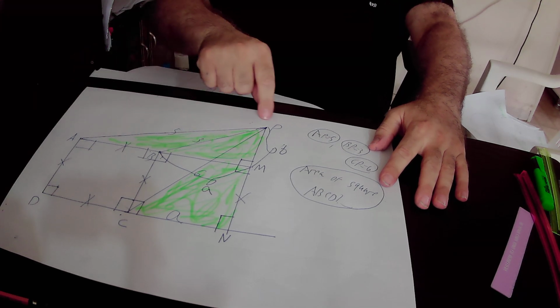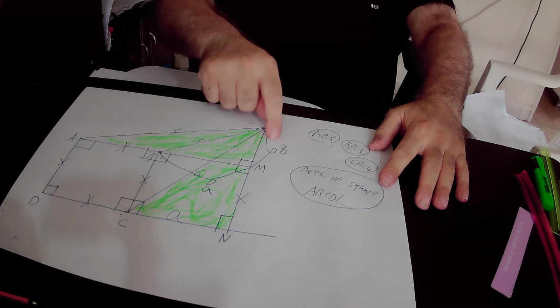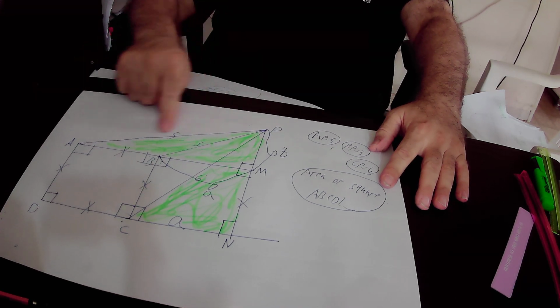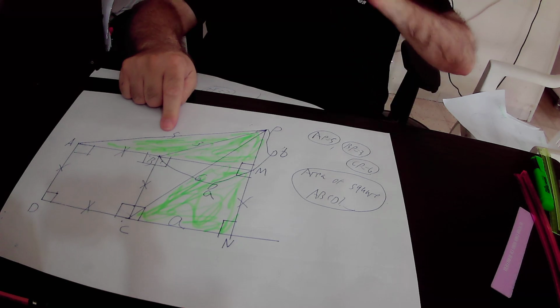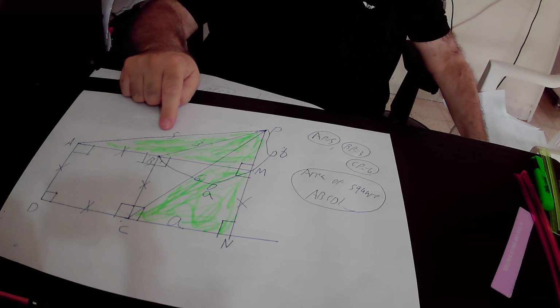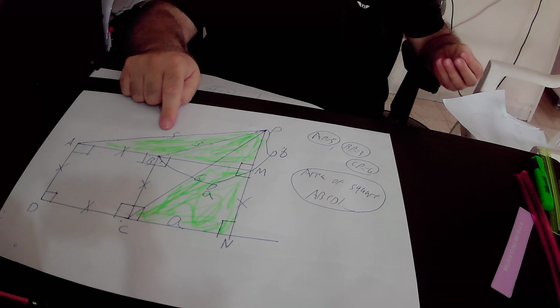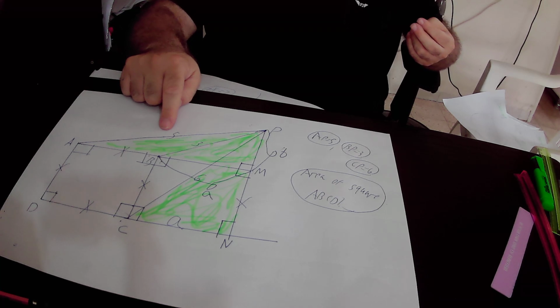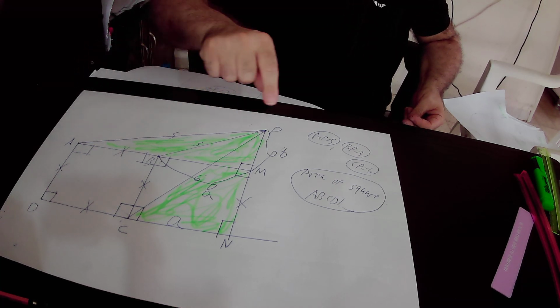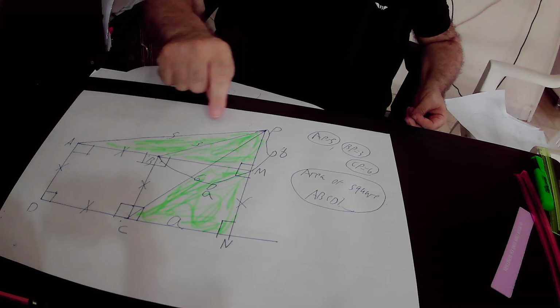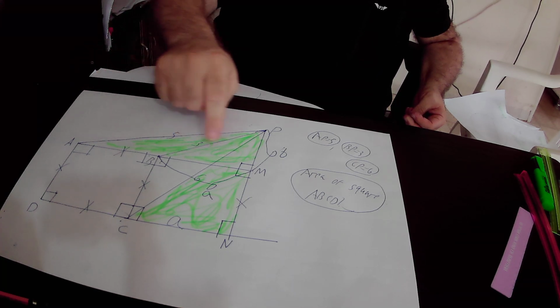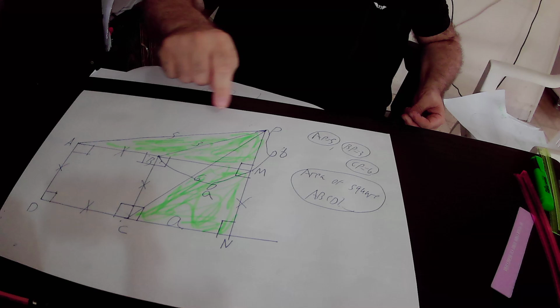Because if we focus on the right triangle APM, in this right triangle the hypotenuse AP equals 5 units, and the hypotenuse is the biggest side in any right triangle. That is to say, AP is bigger than AM.